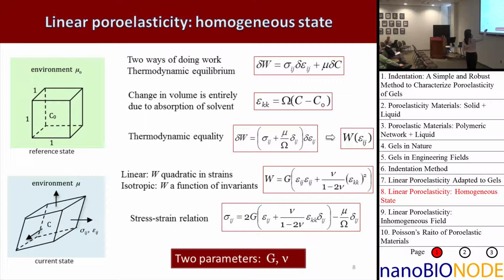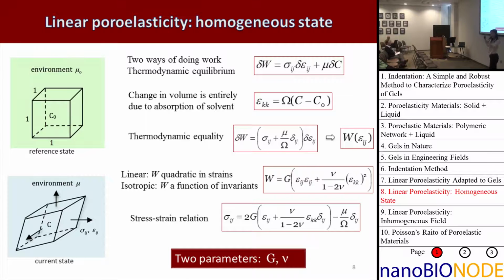Now, the free energy of the material element is a function of strain only. And for linear material, we know this W is quadratic in strain. And for isotropic material, W is a function of invariants. And here we only have two invariants.